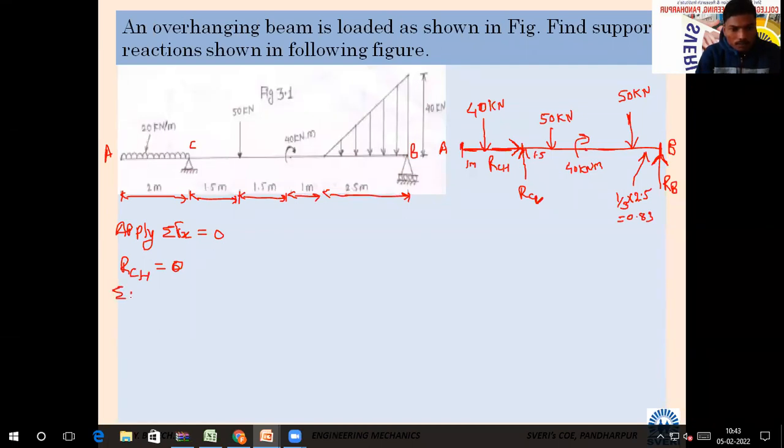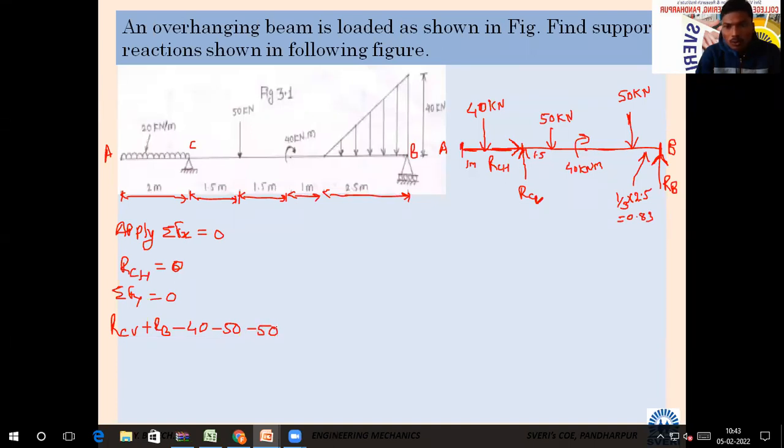Then summation Fy equal to 0. Tell me now. RCV, which will come positive. Okay, then which is again RB, then minus 40, minus 50, again minus 50, again minus 50.